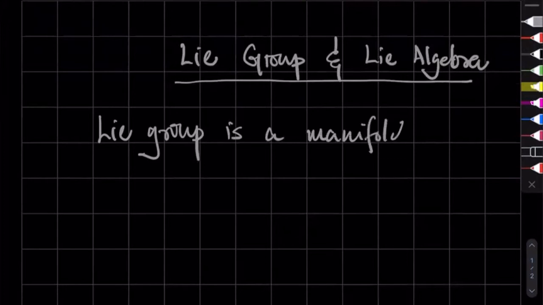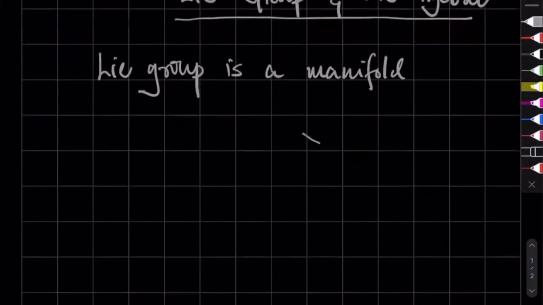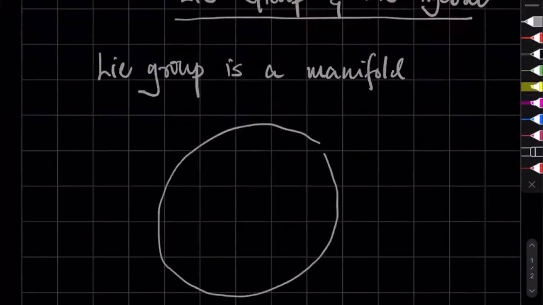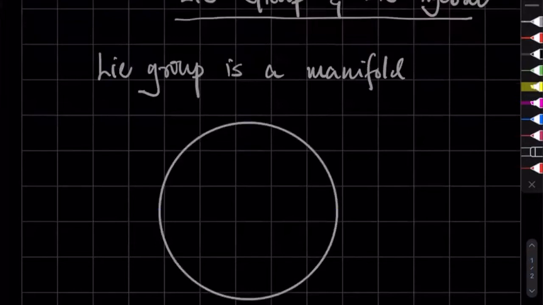A manifold is just some sort of space which locally looks like R^n. So this is some sort of Lie group. If I take a random point in this group, it has some coordinates, right? Theta A. Suppose it's an n-dimensional manifold.